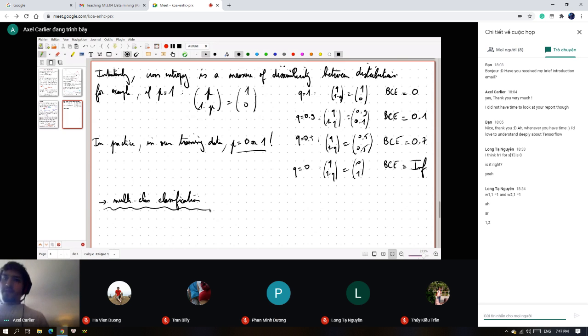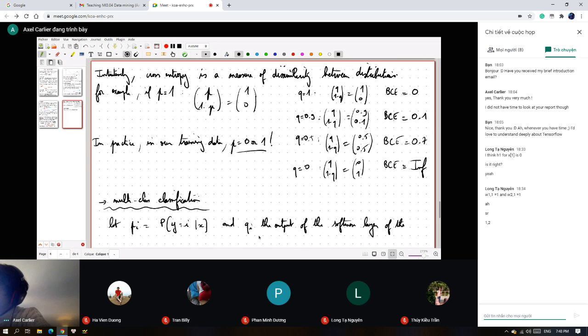Remember, we have Pi, which is P of y equals i knowing x, and we call Qi the output of the softmax layer of the neural network.